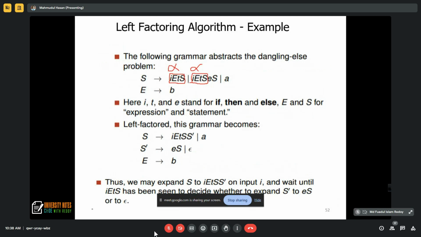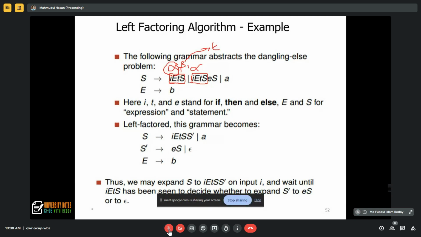But with alpha there is nothing, that means there is epsilon, and that means beta is epsilon. As there is alpha, that means there is obviously a beta.